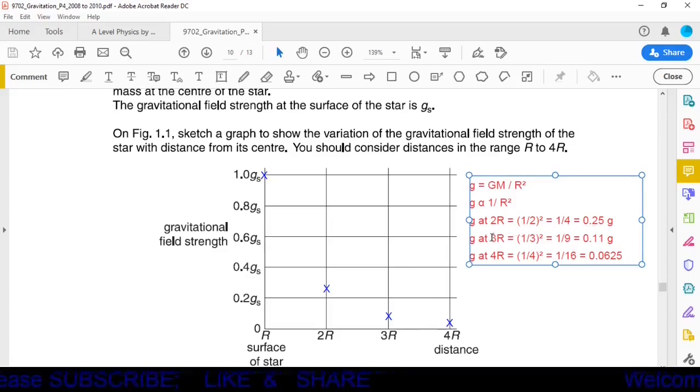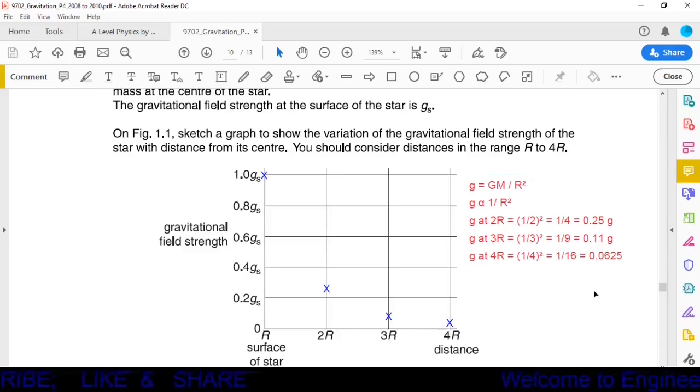Now the value of g at 3r will be equal to 1 over 3 square, which is 0.11 g. At 4r, it will be equal to 1 over 4 square, which is 1 over 16, and it will be equal to 0.0625.